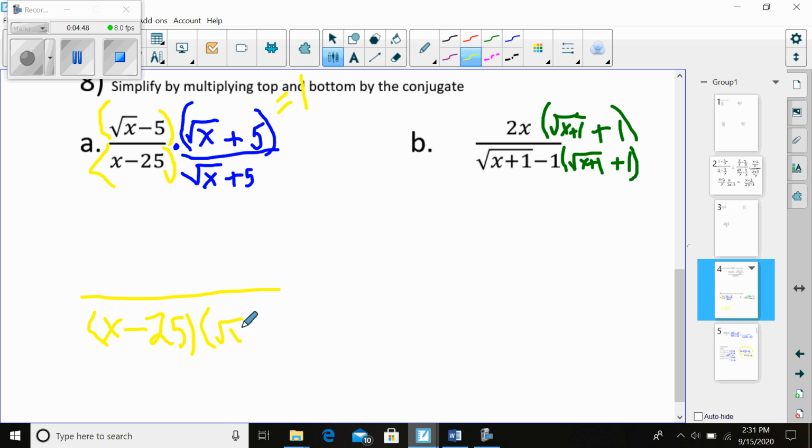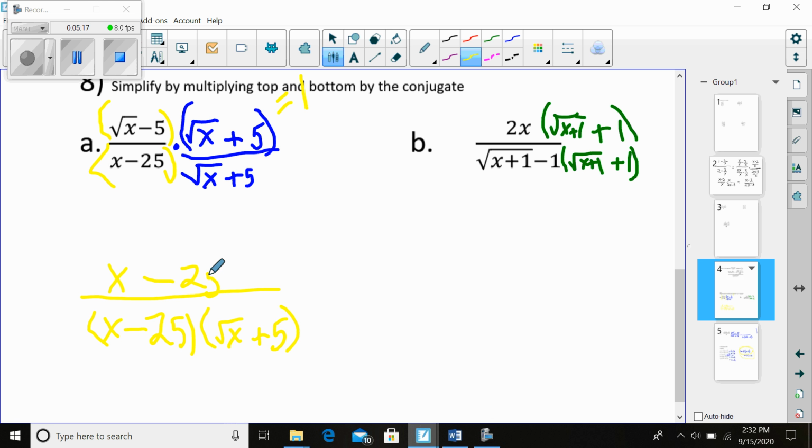I'm going to leave my denominator just like this. But in the numerator, if I did FOIL, that's the beauty of opposite signs here. My inside-outside terms will be 0. And I know from the warm-up that radical x times radical x is just x. Inside, outside are 0. Last is minus 25.